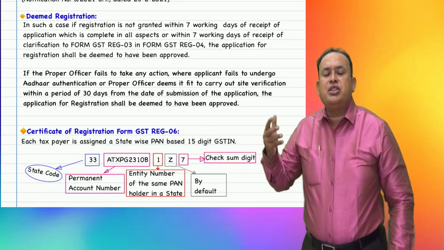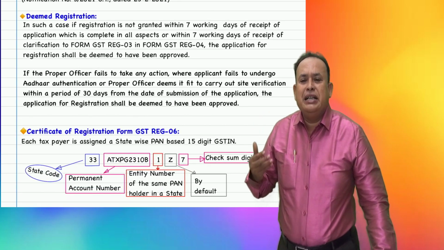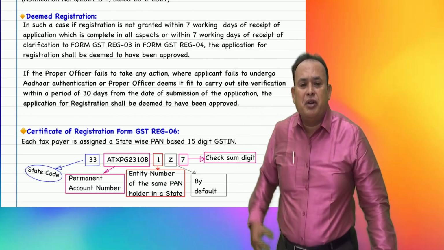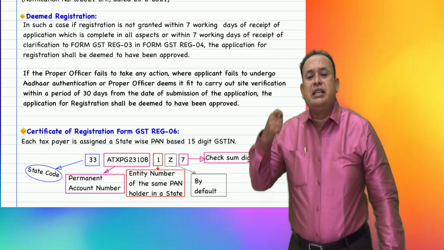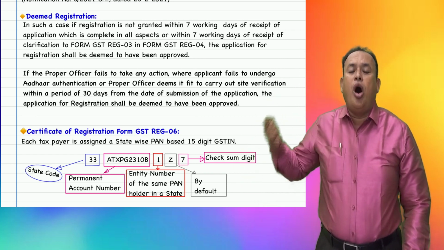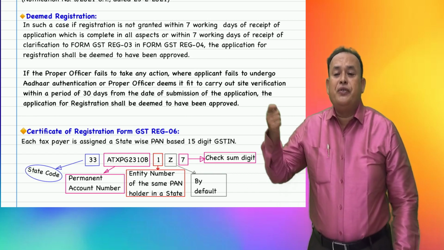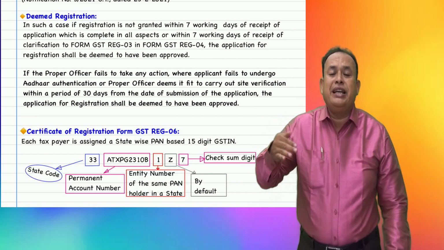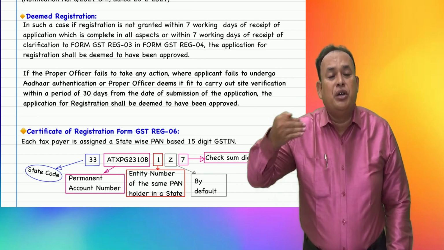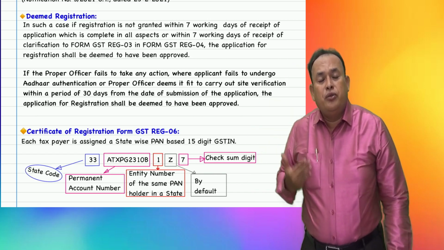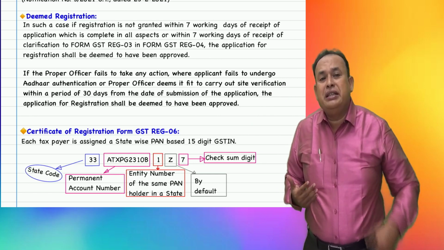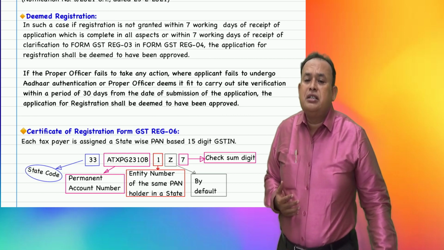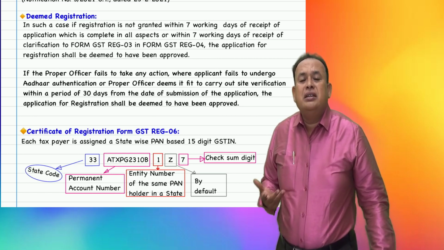If registration is not granted within 7 working days of receipt of the application, which is complete in all aspects, or within 7 working days of receipt of the clarification in form GST REG-04 in response to a query in form GST REG-03, the application for registration shall be deemed to have been approved.